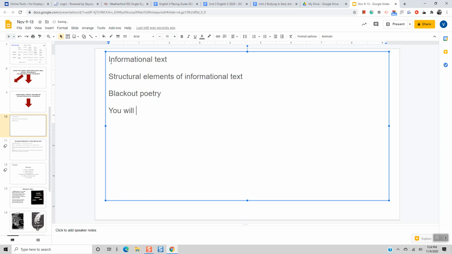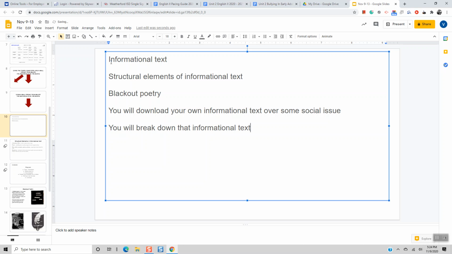You will download your own informational text over some social issue. You will break down that informational text by structural elements.